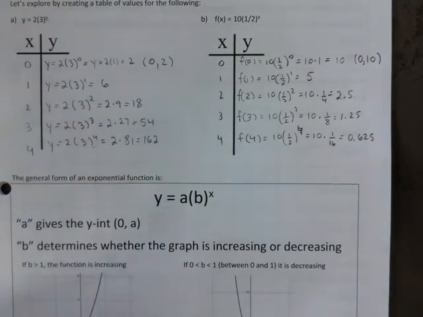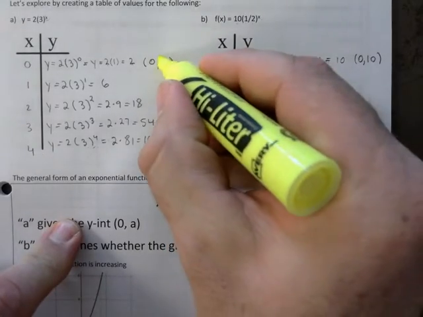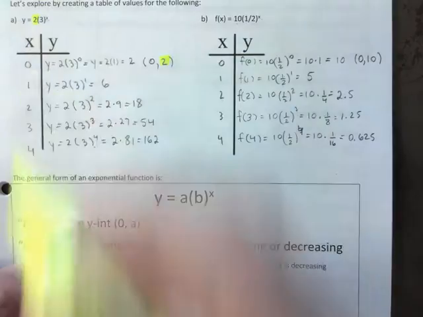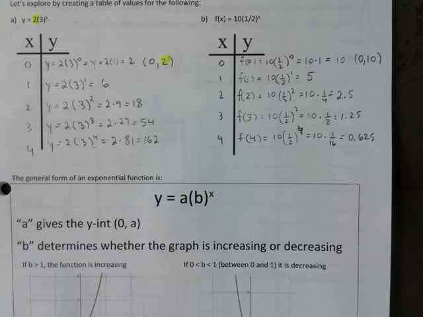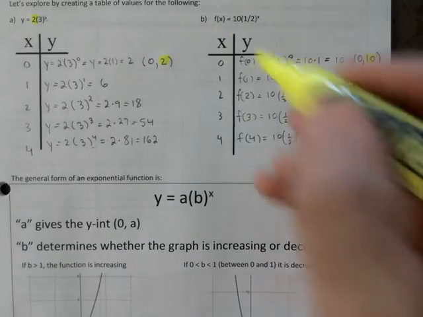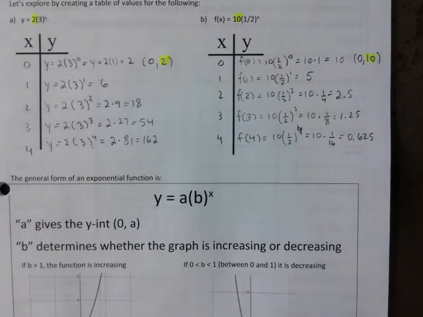Do you notice those numbers show up somewhere? Notice that? So we know something about that number. We know that that's going to be our y-intercept, right? That's our y-intercept when x equals 0.